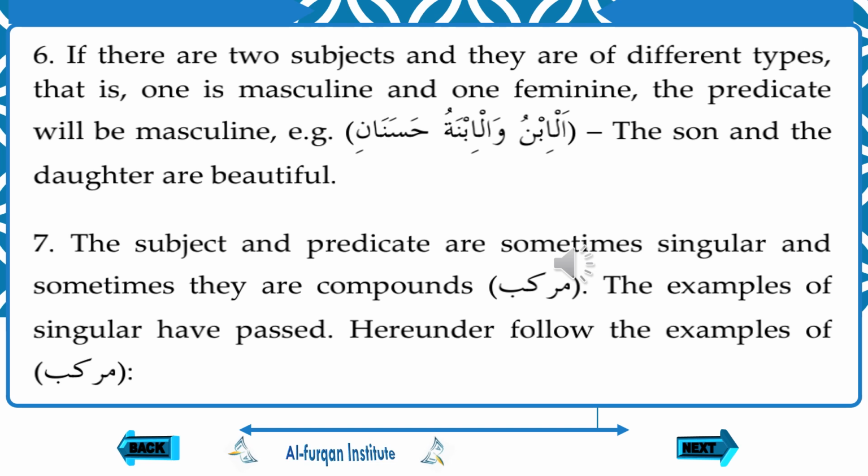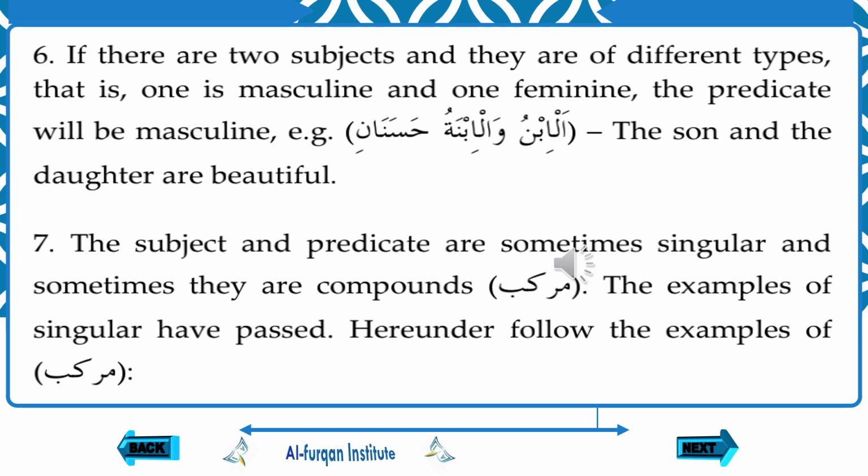And we have another example: at-tiflu wat-tiflatu na'imani, the boy and the girl are asleep. Because there are two subjects, the predicate is also dual, but the dual is mixed, one masculine and one feminine, so the predicate will always be masculine.